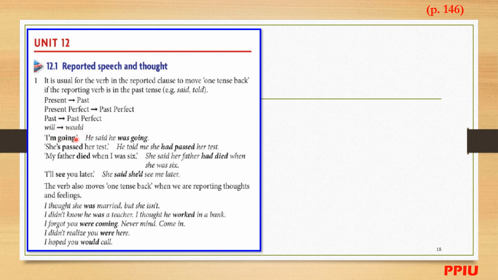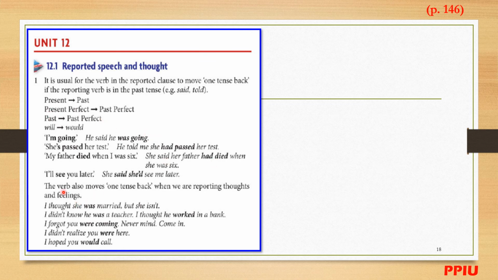I'm going to, he said he was going to. You just change, for example, right? She's passed her test. He told me she had passed her test. My father died when I was 6. She said her father had died when she was 6. You see? So they just change from past to past perfect in here.